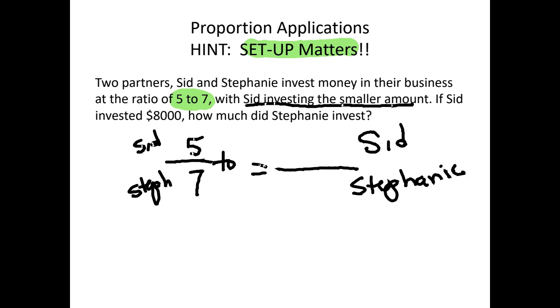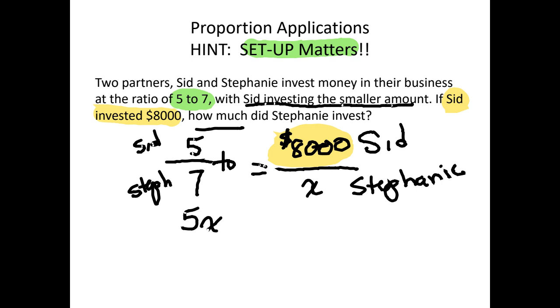Because notice right here, if Sid invested 8,000, that means his 8,000 has got to go up here. And Stephanie, notice, how much did Stephanie invest? 5 times x is equal to 7 times 8,000.